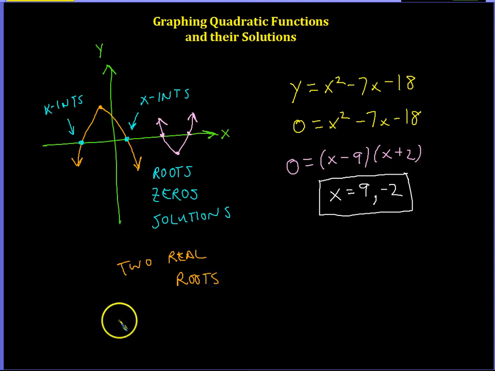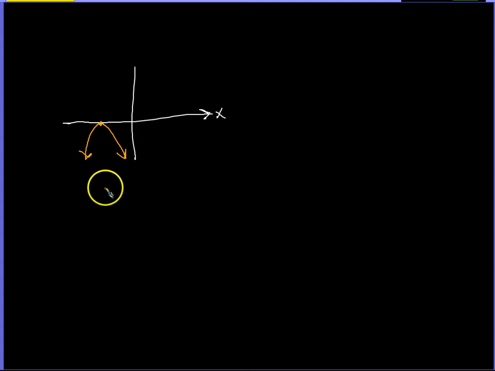Now let's compare that to a situation where we don't have 2 x-axis crossings. So it is entirely possible to have a parabola where you don't have 2 x-axis crossings. Sometimes you could have a parabola where just the vertex touches the x-axis. And in that case, we describe that situation as having 1 real root.